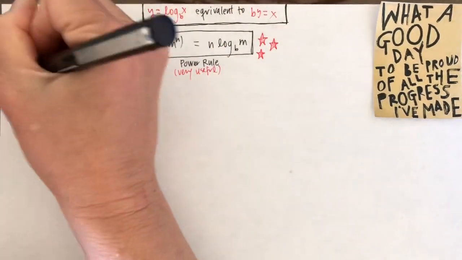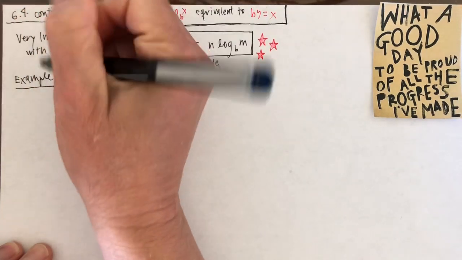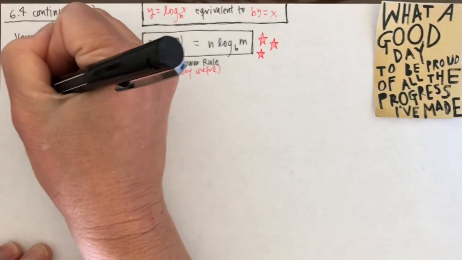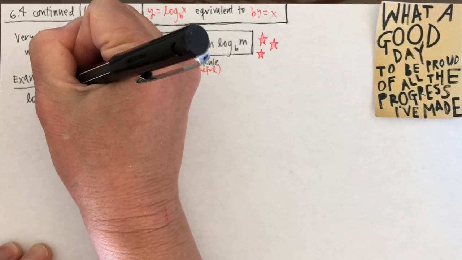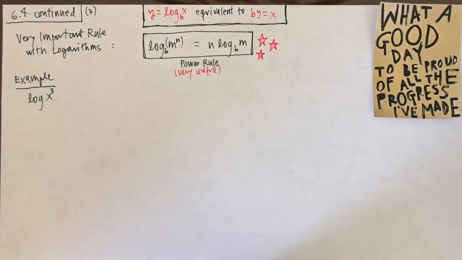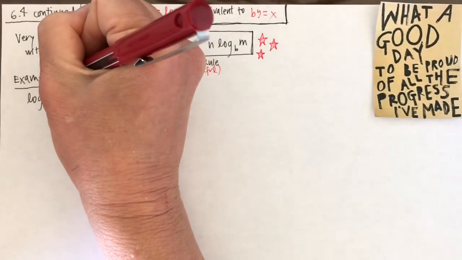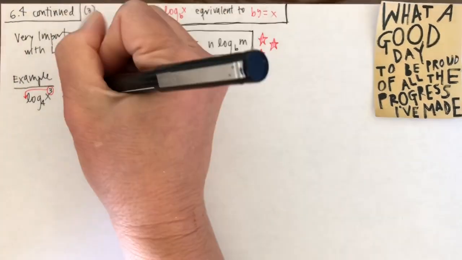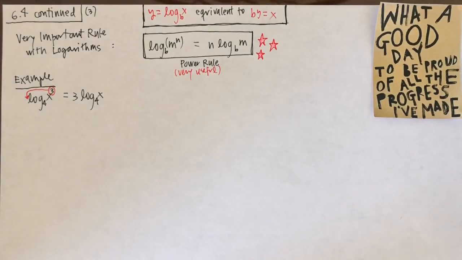Let me give you some examples. First let's just get some practice using it before we solve anything. If I'm taking the log of x cubed to the base 4, this power can come out front and be multiplied. So it can be written as 3 log to the base 4 of x.